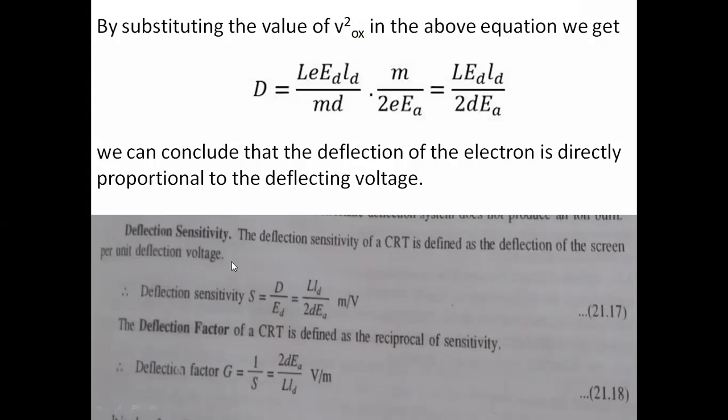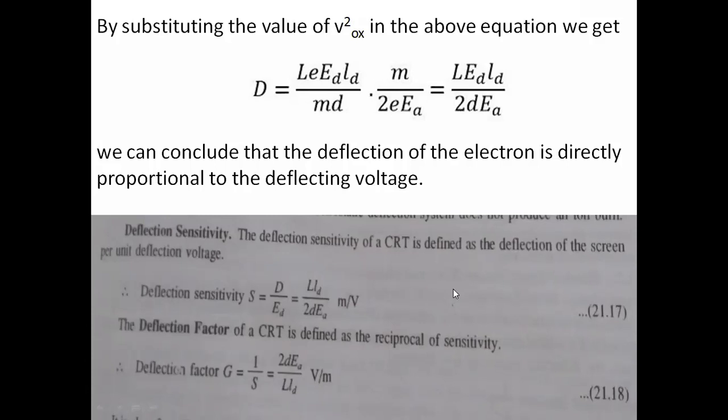For a change of 1 volt to 2 volts, how much variation of the deflection occurs on the screen? Whether it is 1 centimeter or 2 centimeters, that particular ratio is the deflection sensitivity.